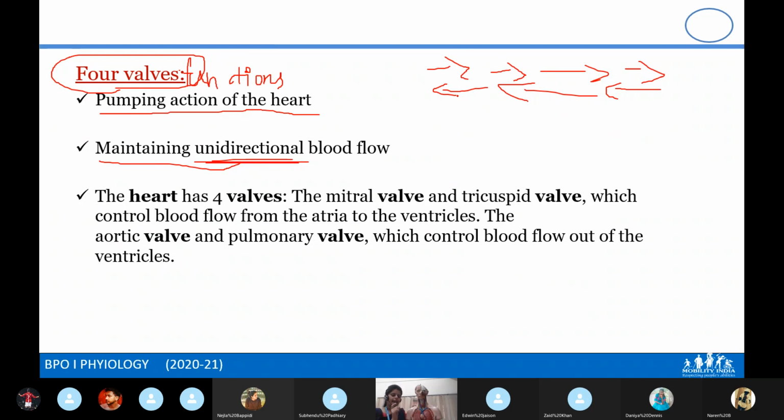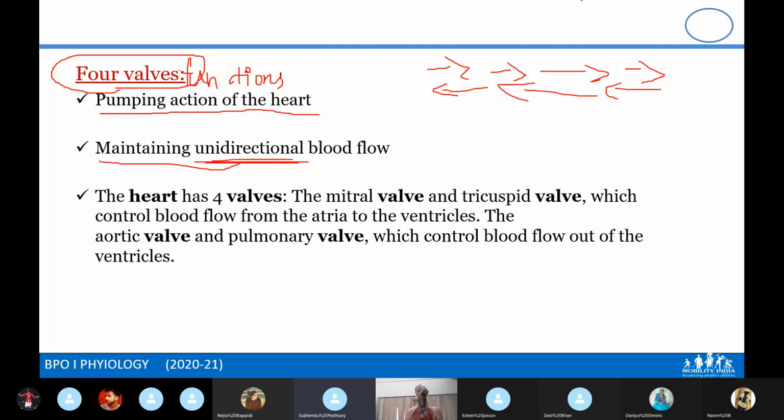If there is reverse flow of blood, then what will happen? Can anybody give me the answer? If there is bidirectional or multidirectional flow of blood, then what changes might be present in the circulatory system?